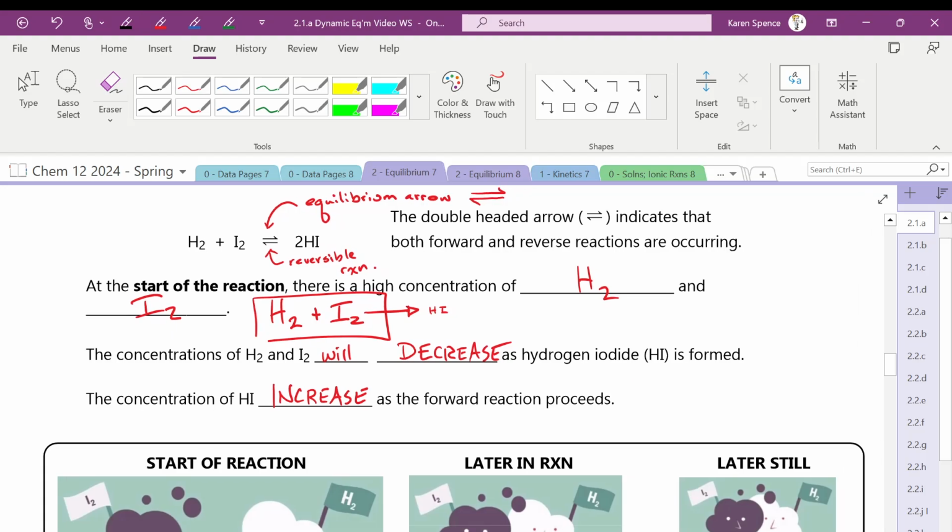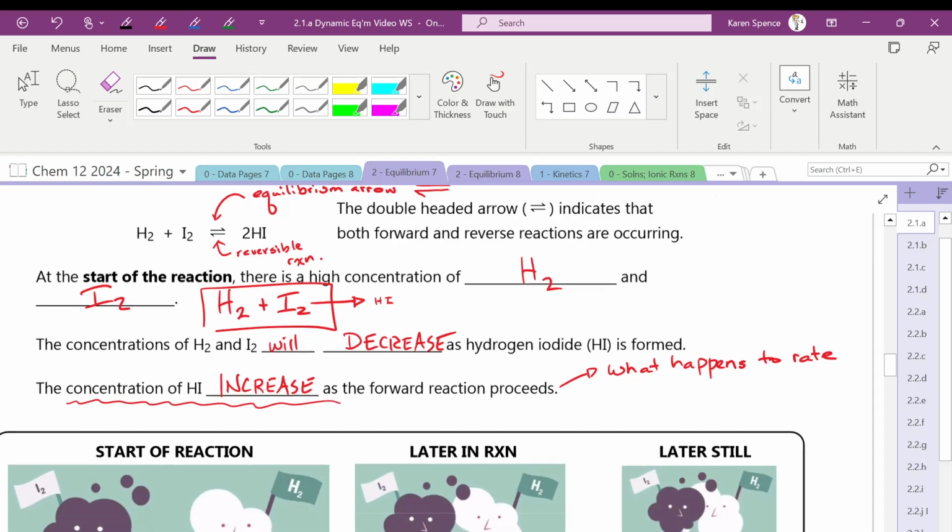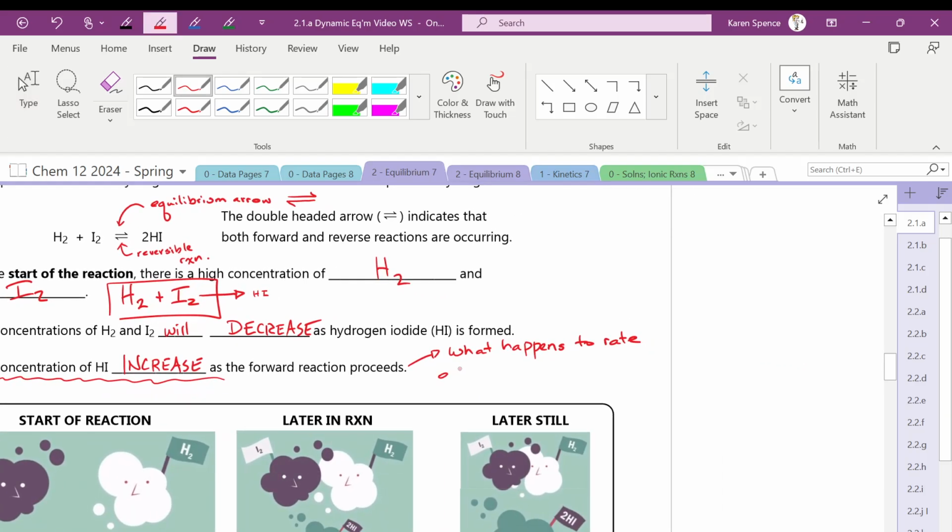What happens to the rate of the forward reaction, or no, sorry, of the reverse reaction as the concentration of HI increases?